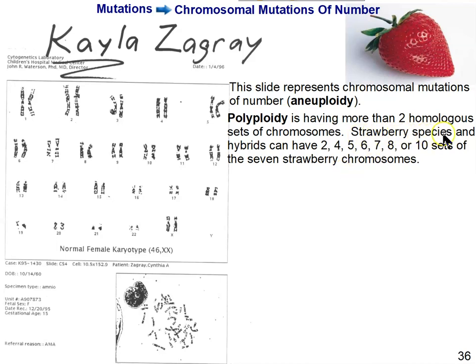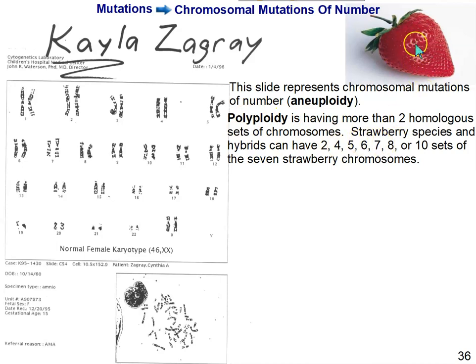So for example, strawberries, and a lot of our crop species that we grow for food, are polyploid. And they've been created polyploid by selective breeding, but sometimes inbreeding, and also causing mutations, causing non-separation of chromosomes during cell division. In that way, they can produce polyploid species.